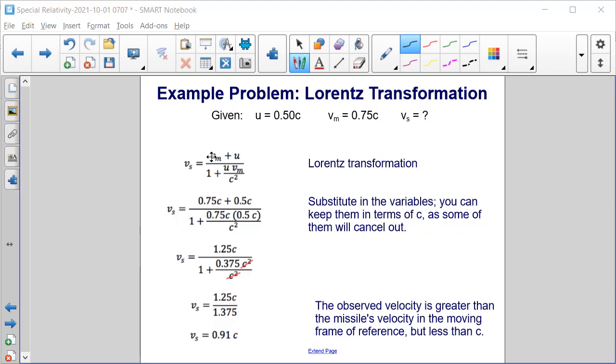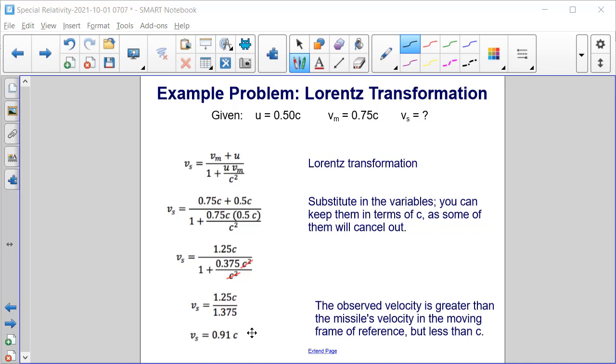So Vm is 0.75 c, U is 0.5 c, divided by 1 plus U times Vm, so 0.5 c times 0.75 c, divided by c squared. The c squareds on the bottom cancel. And we have 1.25 c divided by 1 plus 0.375 is 1.375, which is 0.91 c.